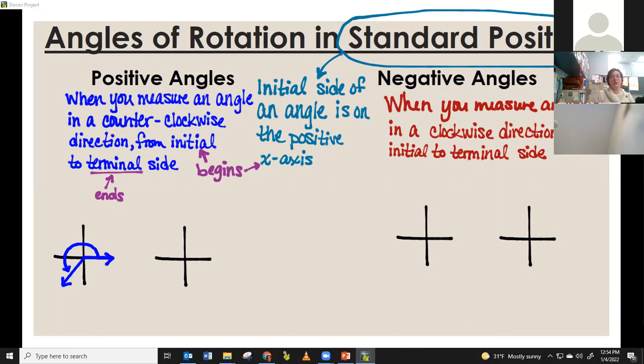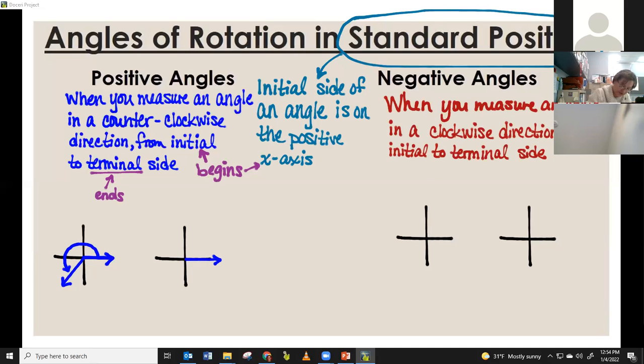That would be an example of a positive angle. When we talk about angles, I don't have to only go around once. Angles can extend beyond one full rotation. So it's possible that I have a positive angle that is bigger than 360 degrees.